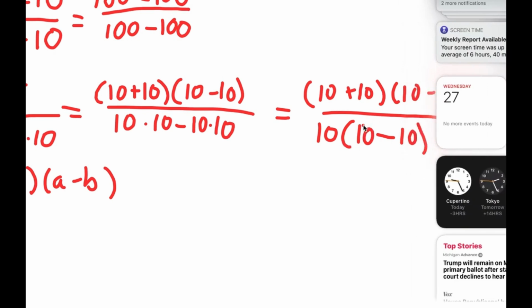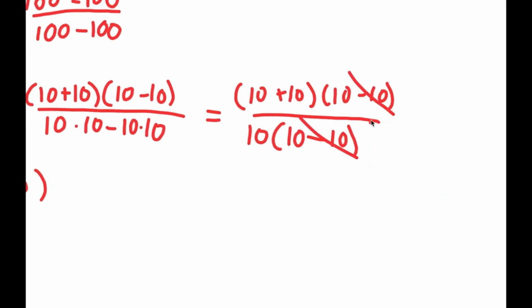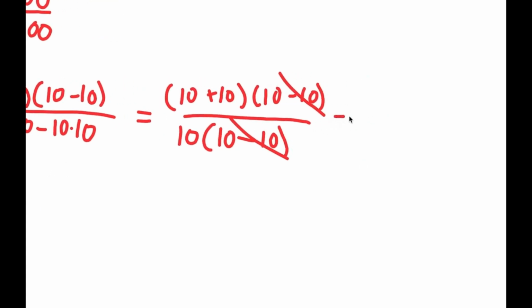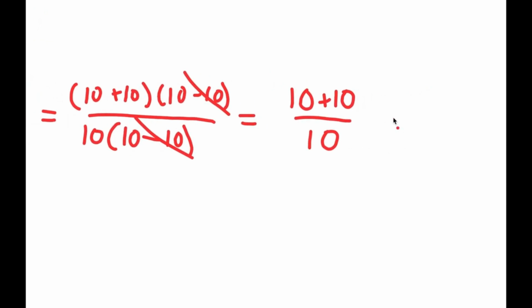Now from here, I'm going to cancel out these two 10 minus 10s. So if I cancel these two out, I get 10 plus 10 over 10. And 10 plus 10 is 20. So I have 20 over 10, and 20 divided by 10 is 2.